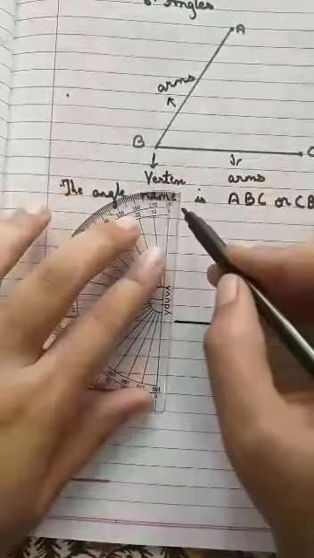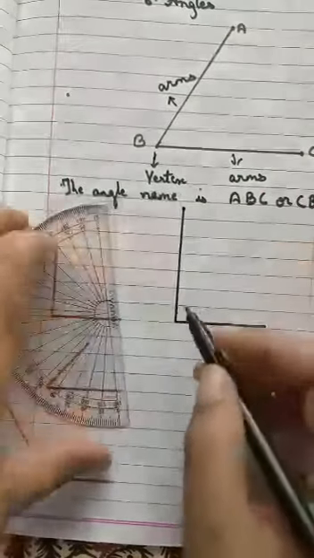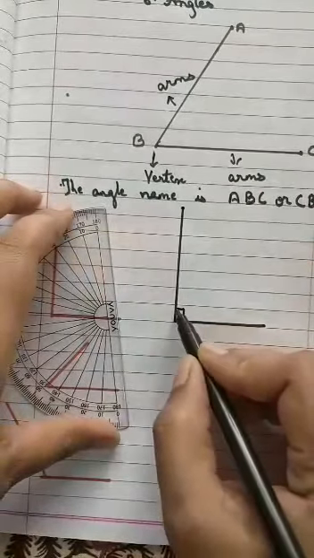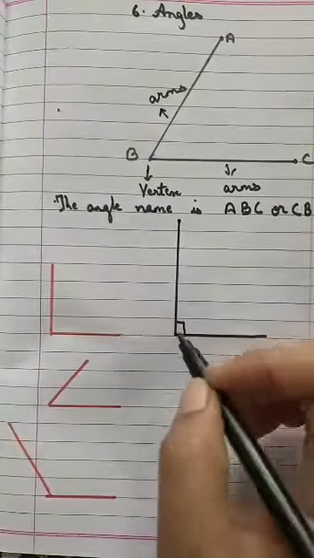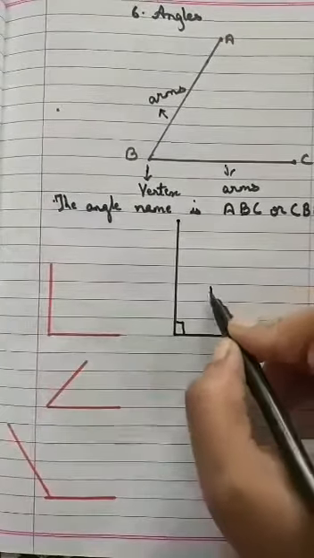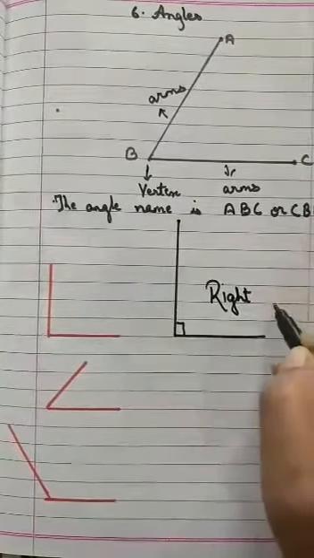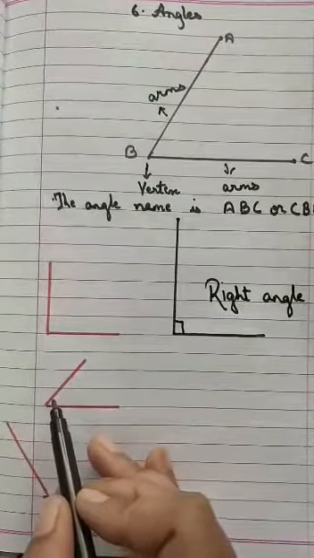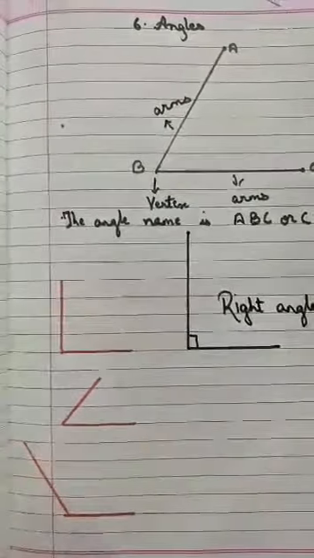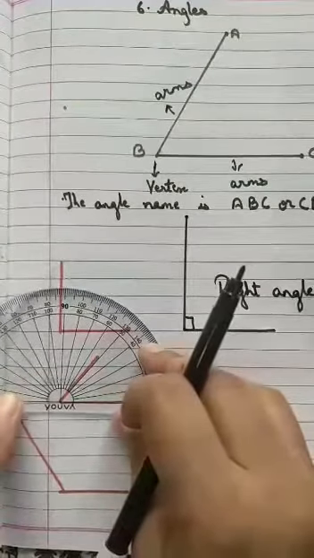Understood? And then I'll draw the line. So this is the angle having 90 degrees, and whichever angle has 90 degrees, we call this angle a right angle. What do we call it? Right angle. Understood? The angle whose measurement is less than 90 degrees. What are they saying? The angles whose measurement is less than 90 degrees.